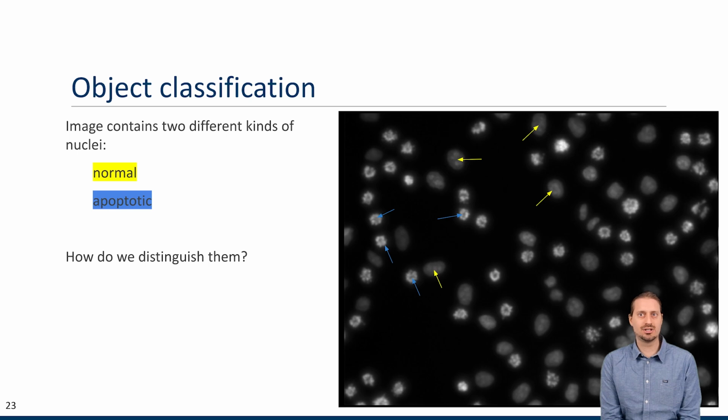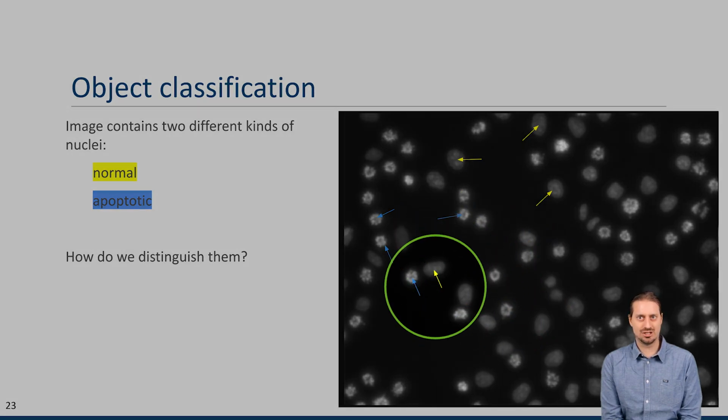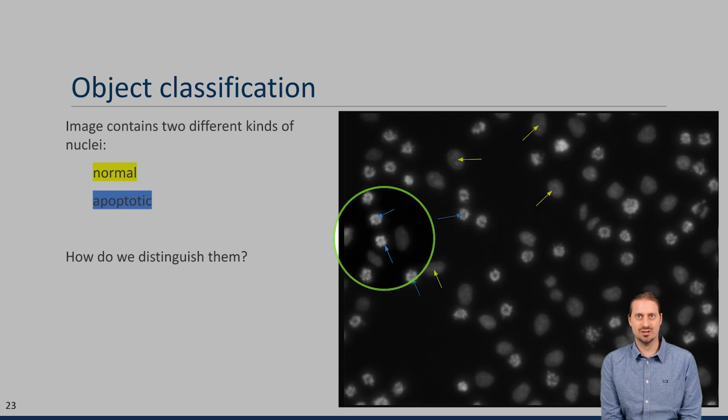Yeah, but we can also solve other problems here with machine learning. So we looked at the image of the nuclei for quite a while already, and you probably noticed that there are two different kinds of nuclei in there, right? So we have the nuclei that are shown now with a yellow arrow, which have a bit dimmer intensity and are a bit bigger. And we have these nuclei shown with a blue arrow that are a bit smaller and have a brighter intensity, right?